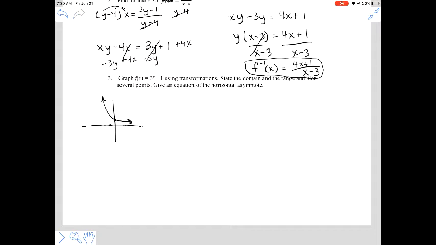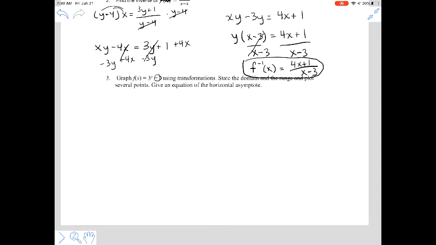That's if there's no transformations. Now, what we have here is a transformation, that -1 right there, that moves the graph down 1 unit, including the horizontal asymptote. So I'm going to place the horizontal asymptote at -1.